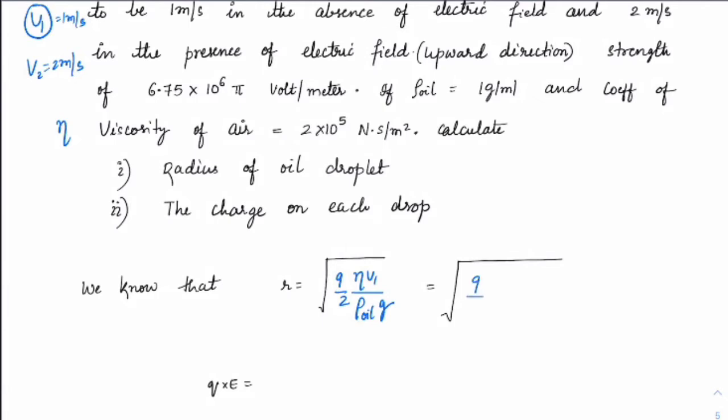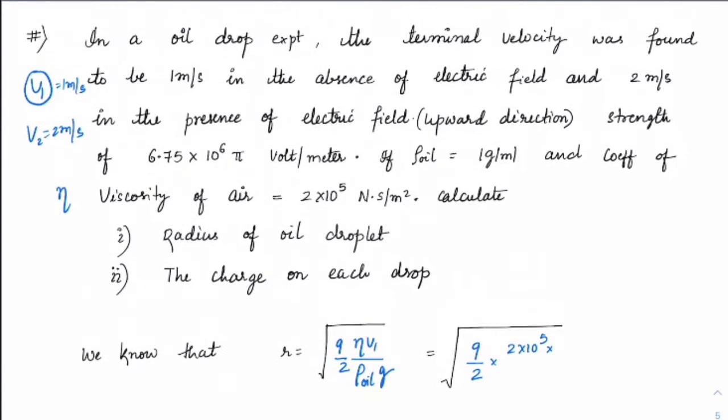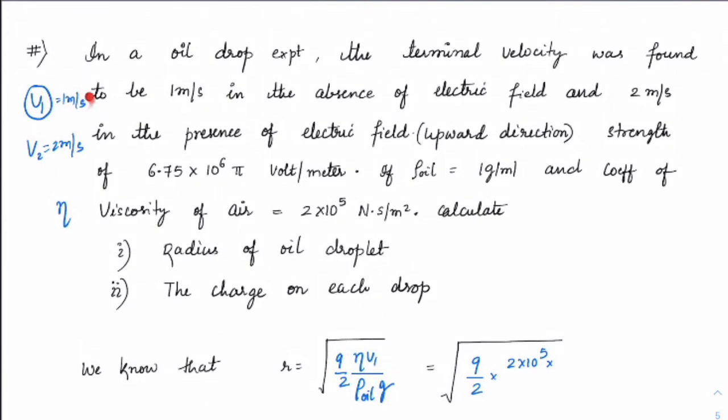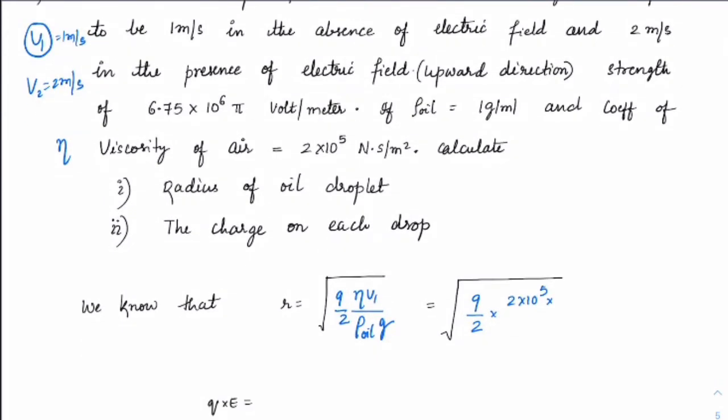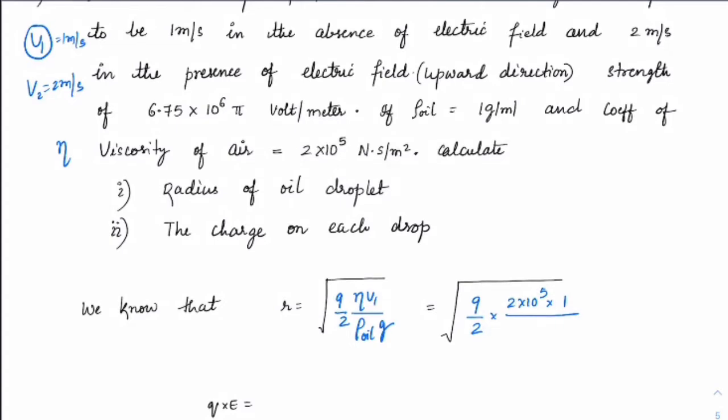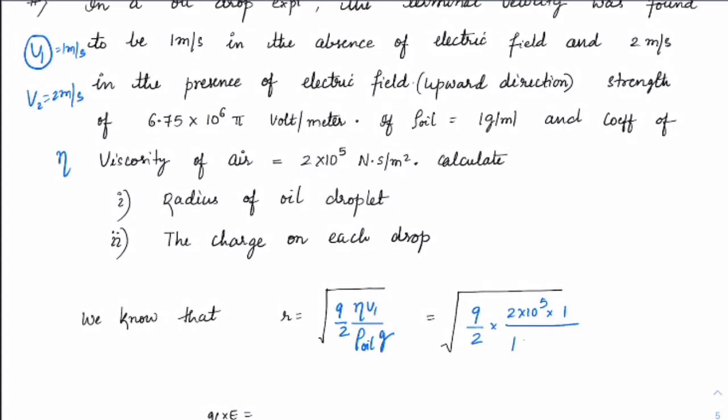Substituting those values: 9 by 2 into eta, which is 2 into 10 raised to the power of 5, into V1. If you check, V1 was only 1. So that is 1 divided by rho of oil, and oil is 1 gram per ml, multiplied by g. I'll take g as 10. Got it?